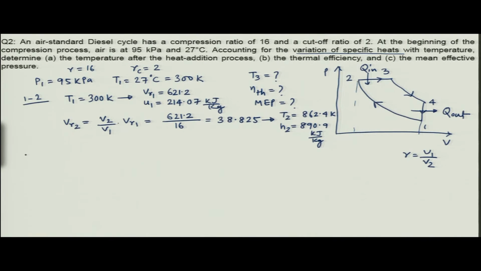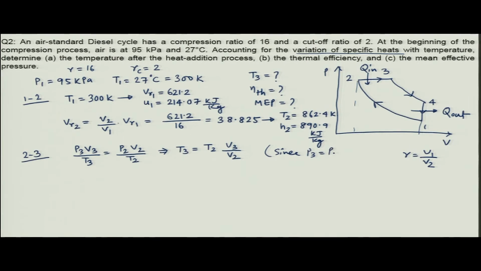Now, we will come to the constant pressure heat addition process. Here, for 2 to 3, I can write P3 V3 over T3 is equal to P2 V2 over T2. From this I can write T3 is equal to T2 multiplied by V3 upon V2. Why can I write this? Because P3 is equal to P2.